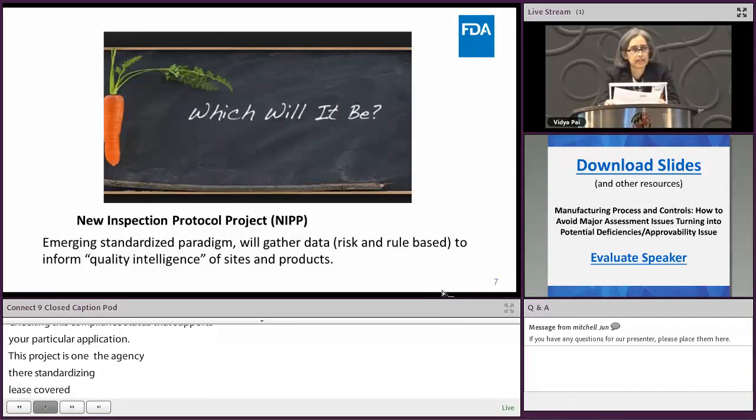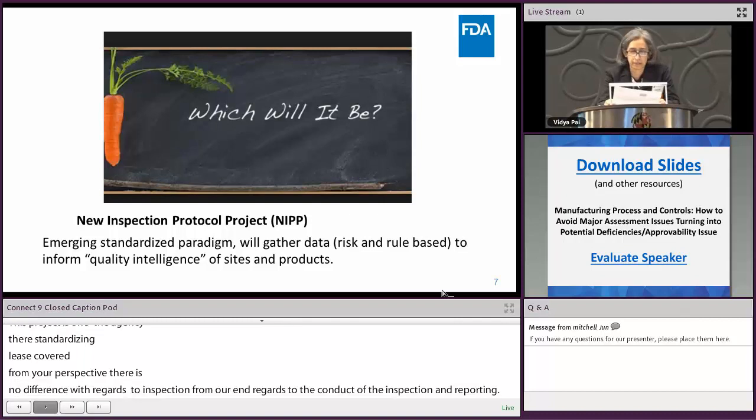So you may see this acronym being shared by an investigator. From a firm's perspective, there's no difference with regards to the inspection approach. It is from our end with regards to the conduct of the inspection and reporting. And so the NIP program ideally would end up being seamless from your side.